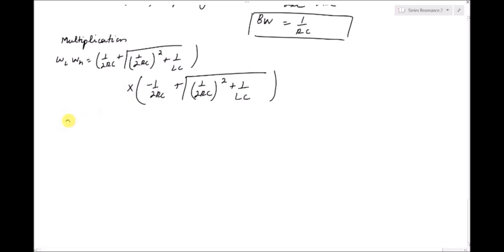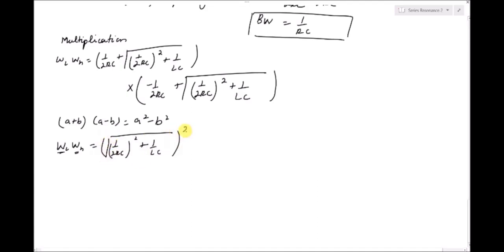So I can use the formula (A plus B) into (A minus B) is equal to A square minus B square. So omega L into omega H is actually equal to the under root term squared, (1 over 2RC) square plus 1 over LC, minus (1 over 2RC) square.